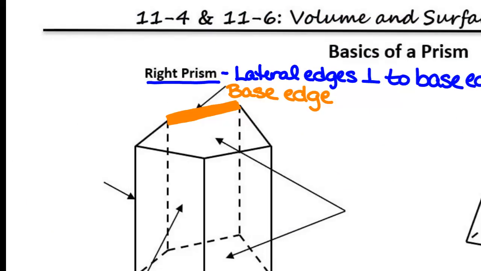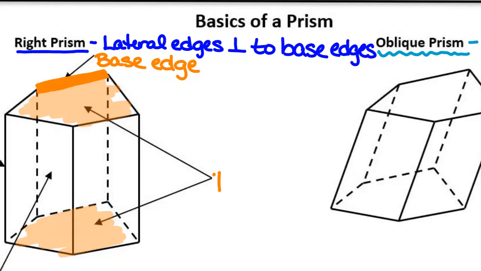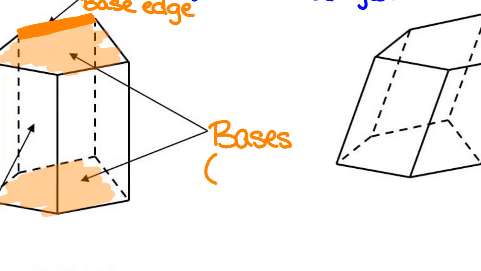The bases, with the way this particular prism is oriented, would be the top and the bottom. The bases are always going to be congruent and parallel.